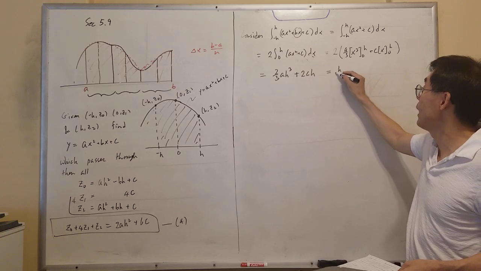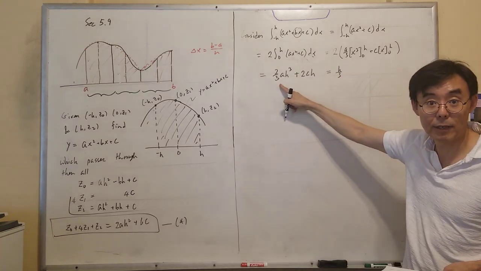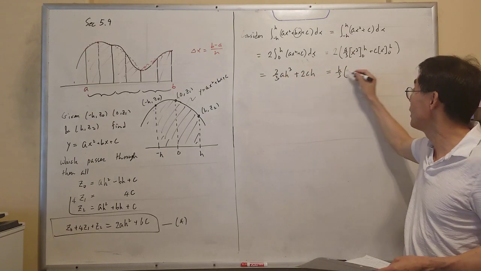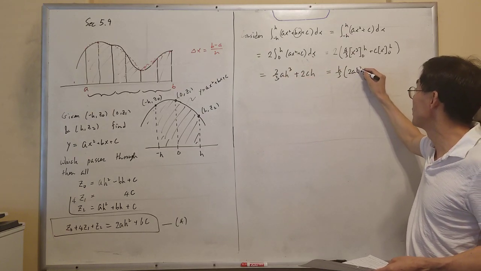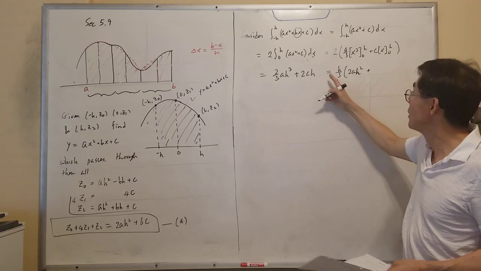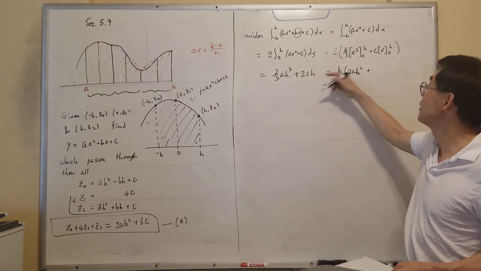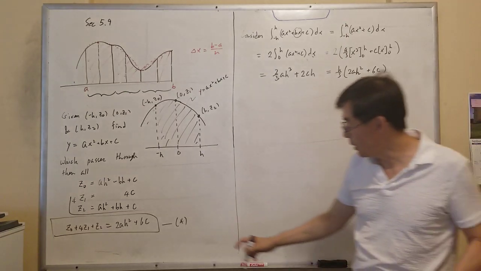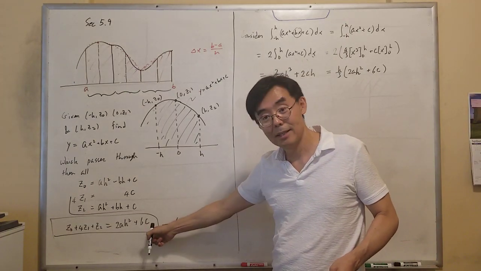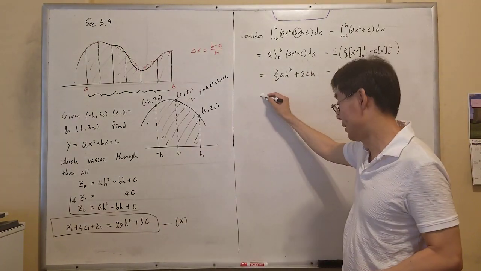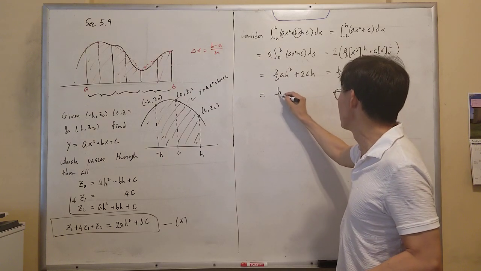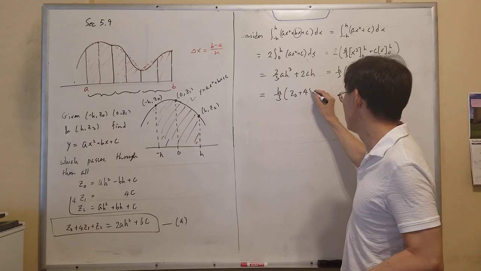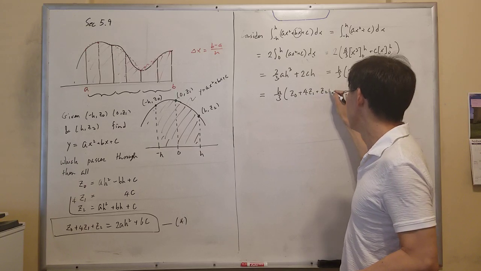Now factor out h over 3. Then h squared times 2a is remaining, 2ah squared, and then 6c. Now look at the start: this is h over 3 times (z0 plus 4 z1 plus z2).